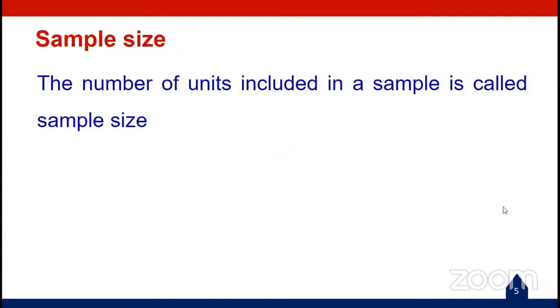Next, sample size. As I already mentioned, sample size is the number of units to be included in a sample. Usually we denote the size of the population using capital N, and we use small n to denote the sample size.